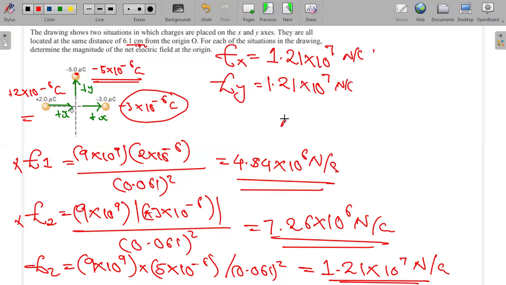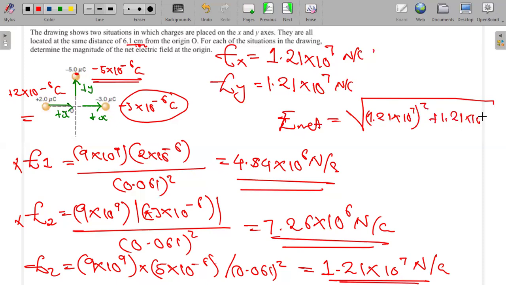Then to find the net electric field, this will be equal to the square root of the summation of the x, which is 1.21 times 10 to the power 7 squared, plus 1.21 times 10 to the power 7, also squared. What answer are we going to get there?